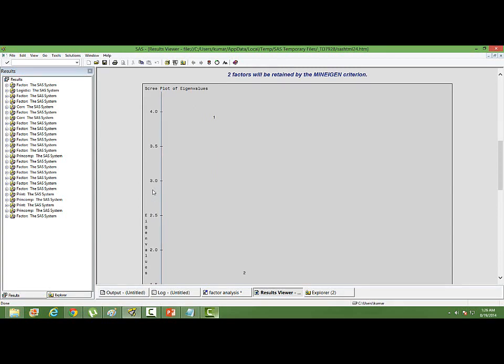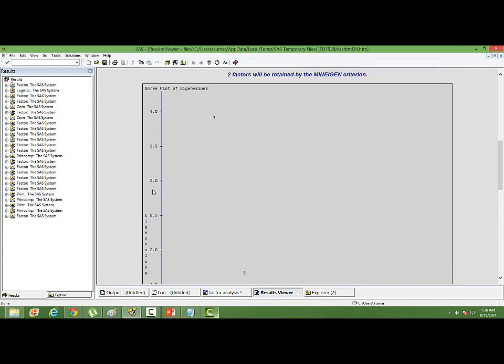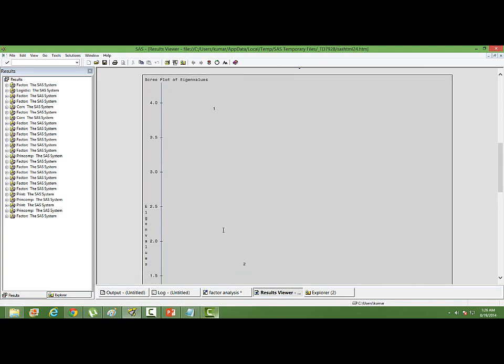There is another way of finding out how many principal components to be retained. That is the scree plot. It plots the eigenvalue with respect to the numbers. You can see the variance explained by the first one is very high, way above 1.